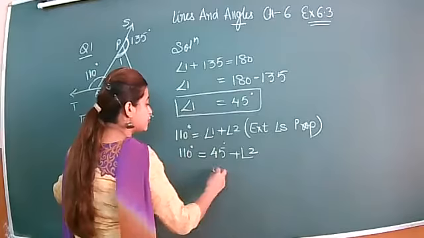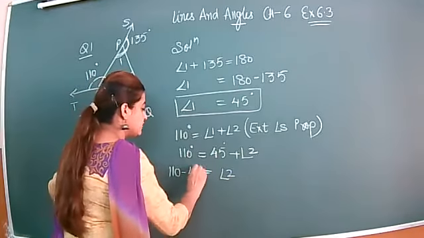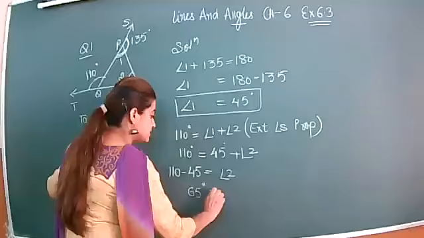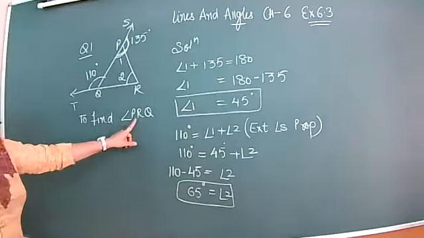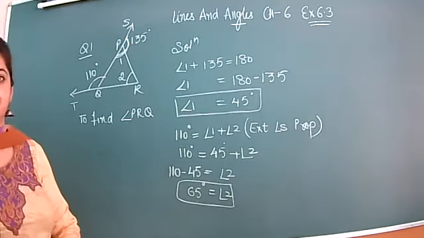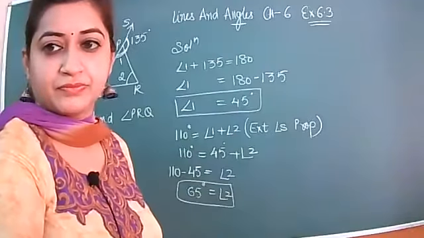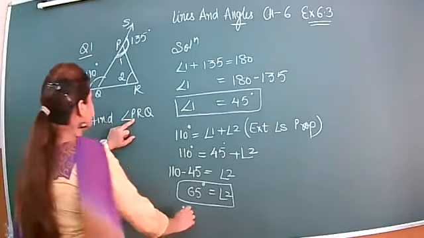Angle 2 we need to find. So angle 2 is equal to 110 minus 45, that is 65. So we have got angle 2 as 65. That's what we want to find. Actually, this angle 2 is your PRQ. Angle PRQ.